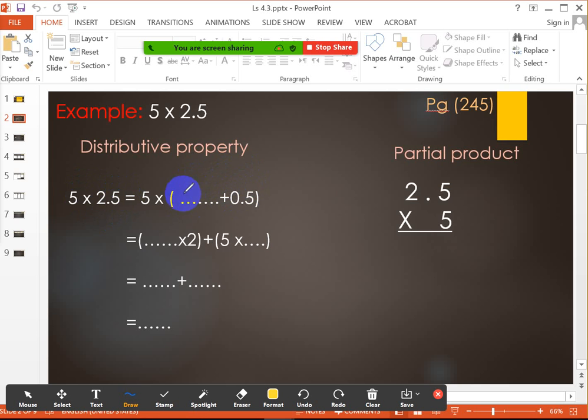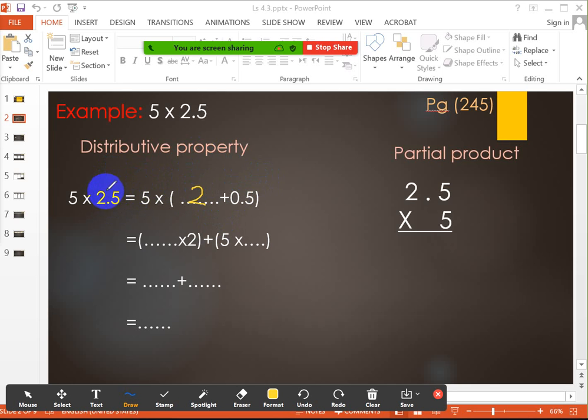The first one is the whole, and the second one is the decimal part. I will take the whole here, which is 2. So I will take the 2 and put it here, plus the decimal part, because when you add a whole with a decimal number, the answer will be 2.5 tenths.